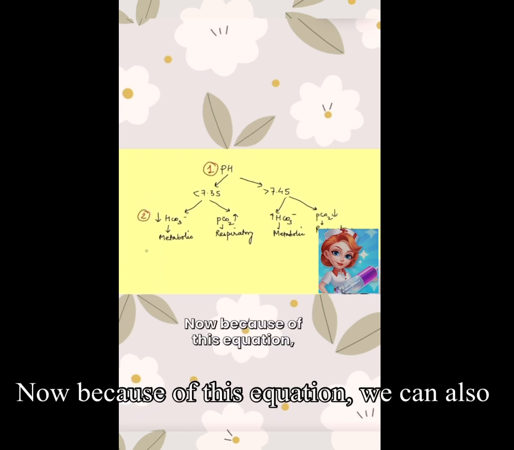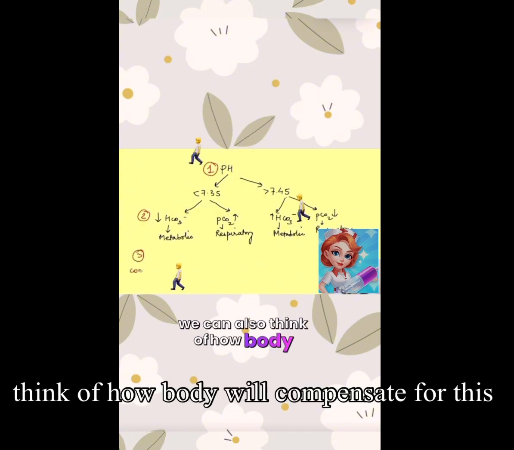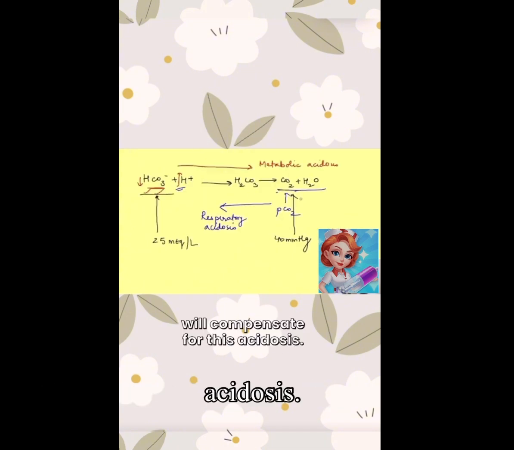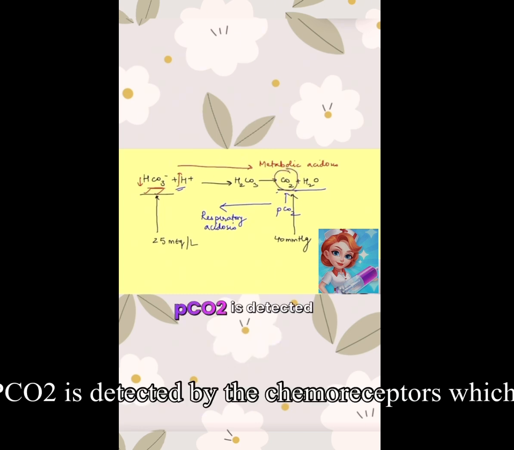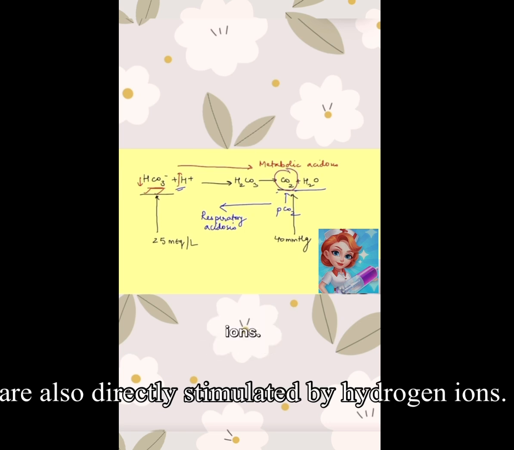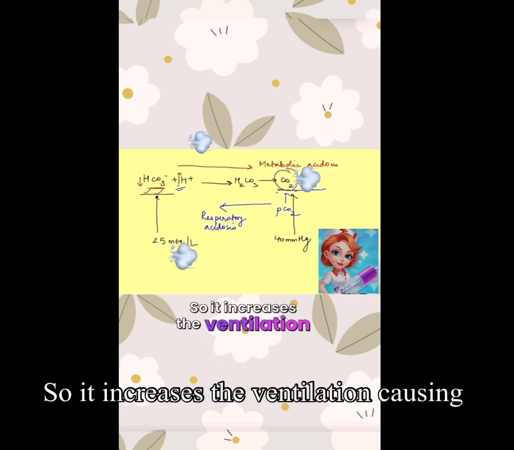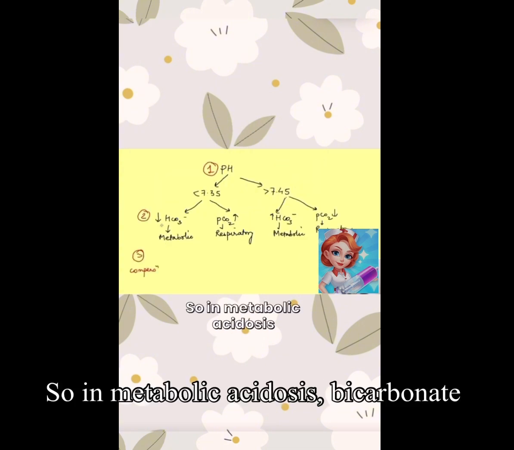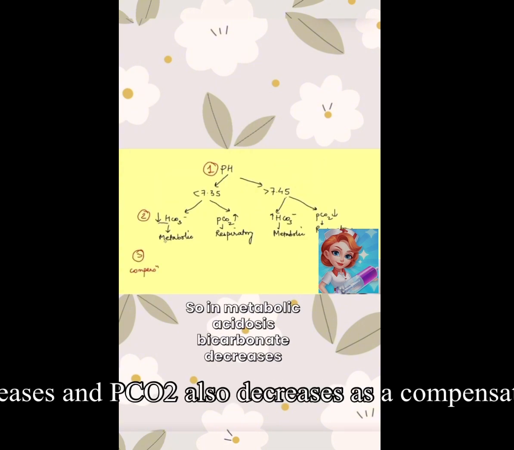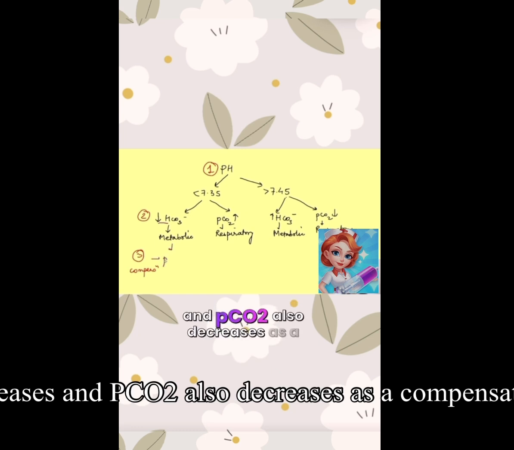Now because of this equation, we can also think of how body will compensate for this acidosis. For compensation of metabolic acidosis, this PCO2 is detected by the chemoreceptors, which are also directly stimulated by hydrogen ions. So it increases the ventilation, causing decrease in PCO2. So in metabolic acidosis, bicarbonate decreases and PCO2 also decreases as a compensatory response.